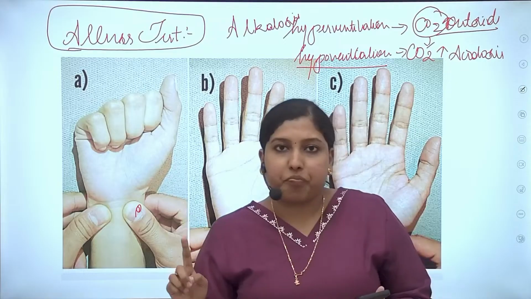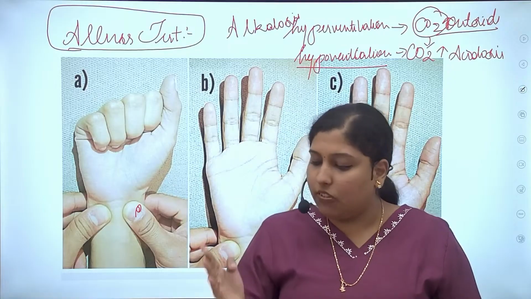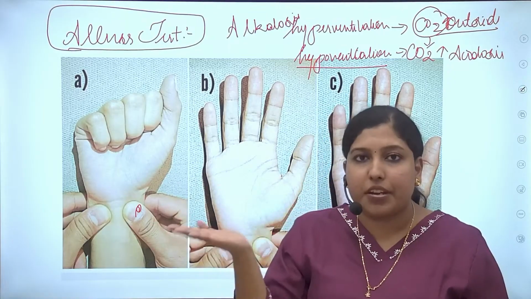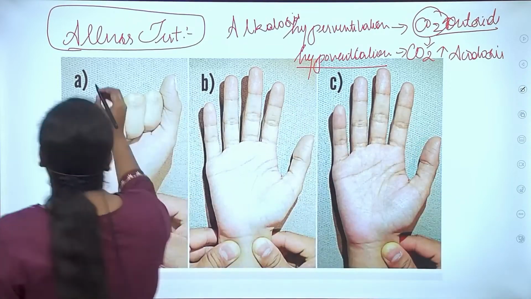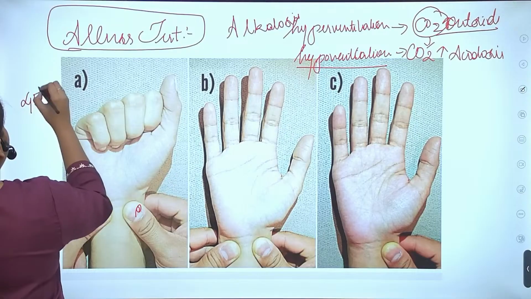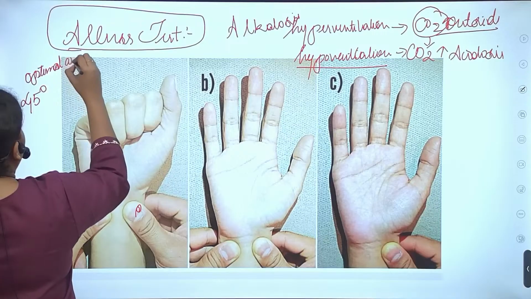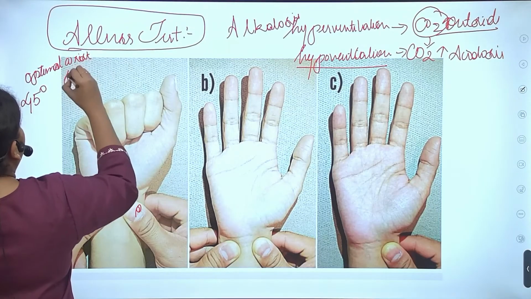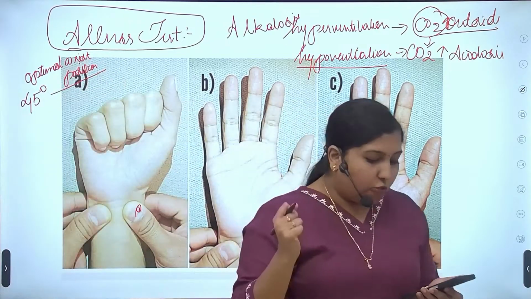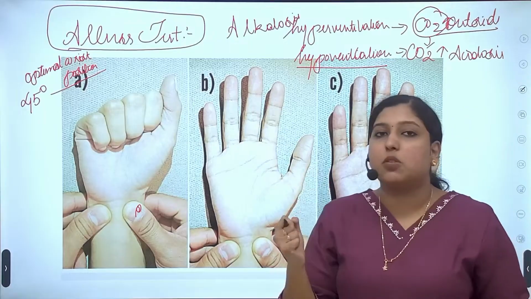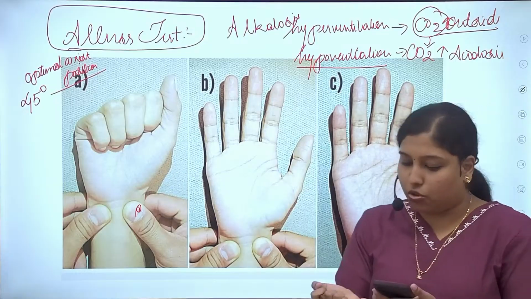Just remember, for ABG analysis or any procedure, even the PTCA which you are doing through your radial artery, the optimal wrist angulation or wrist position is 45 degrees. This is the optimal wrist angulation before performing any kind of procedure through the radial artery.